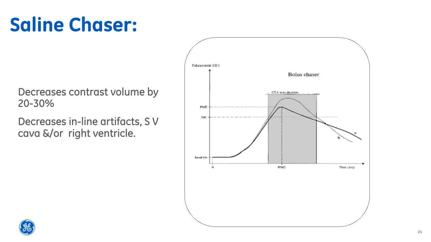What this also does is it helps to reduce artefacts in the superior vena cava and the right ventricle, because it's obviously mixing the saline in, and it means that when we come to image those structures, the contrast isn't quite as dense and therefore reduces any beam hardening artifact that may ensue.